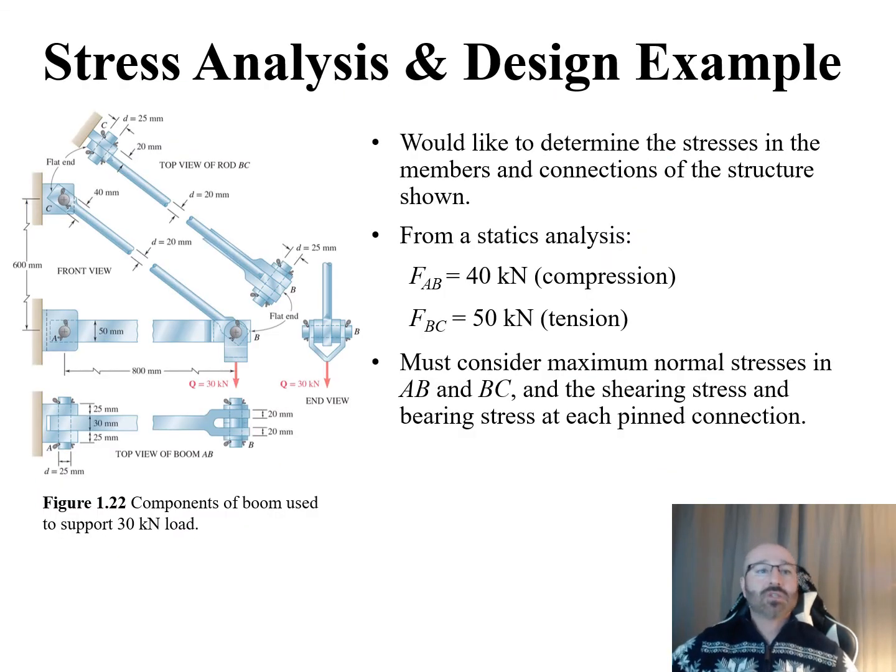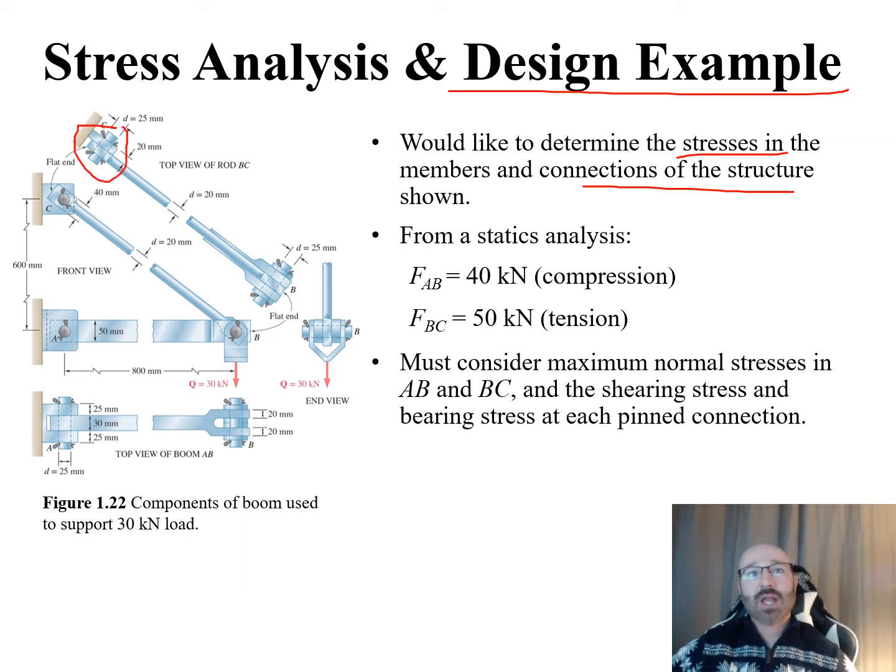So now how does this stress analysis we've been looking at tie into our design work? We're taking a look at a similar problem to ones we've done before in the past, as an example problem. In this case, what we want to do is determine the stresses in the members and connections of the structure shown. We haven't really talked much about the connections with a problem like this.